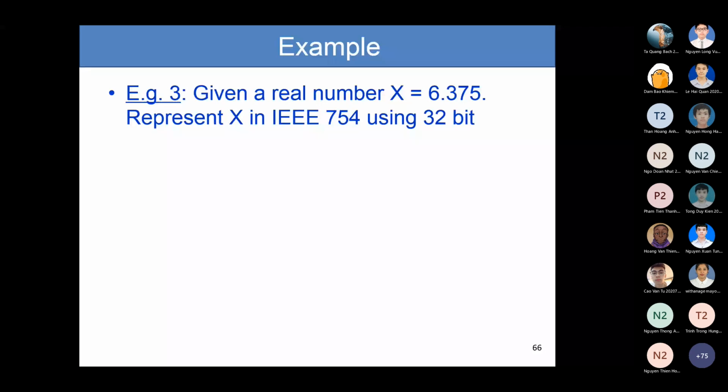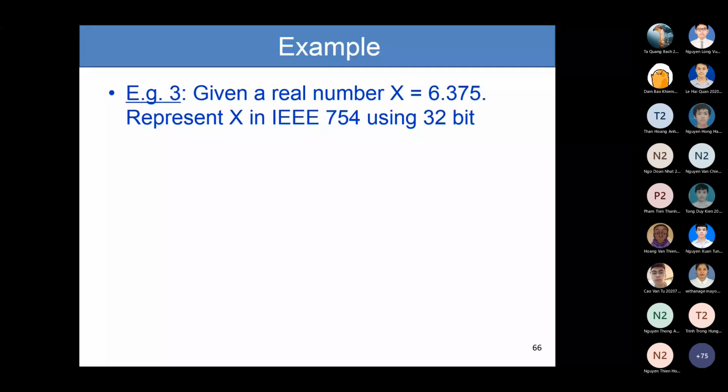So we convert the integer part, right? So 6 equals 110, right? And the fraction part, 0.375, equals 011. Okay, right?